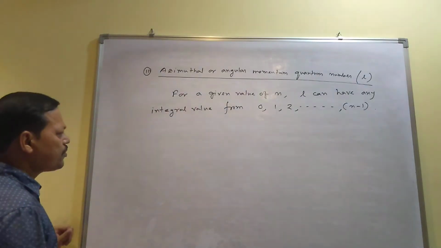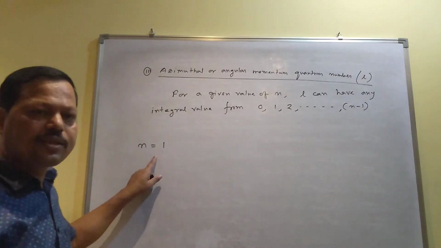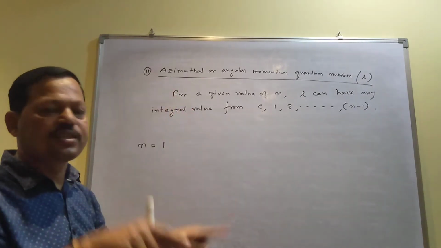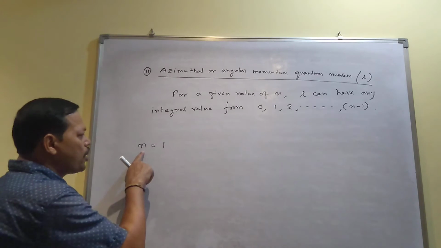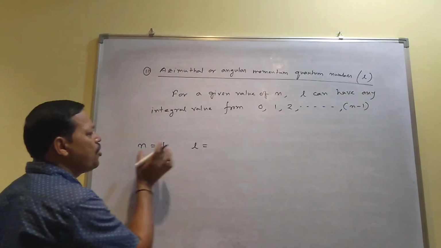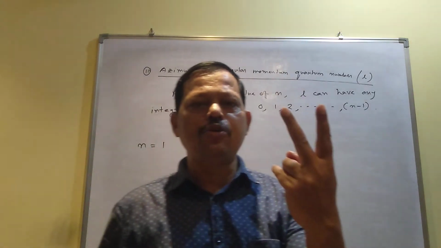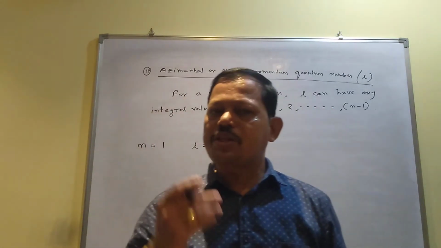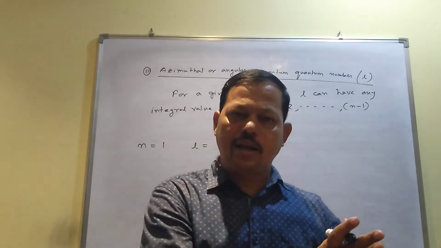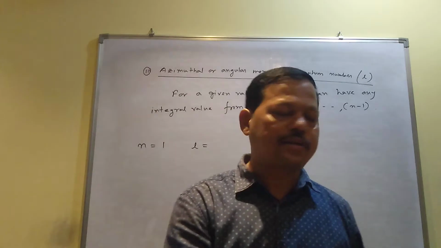Now suppose n value is 1. What does this represent? n value 1 means it represents the first cell. So what is the value of n? 1. That means you will get 1 value of L. If n value is 2, you will get 2 values of L. If n value is 3, you will get 3 values of L. If n value is 4, you will get 4 values of L, like that.